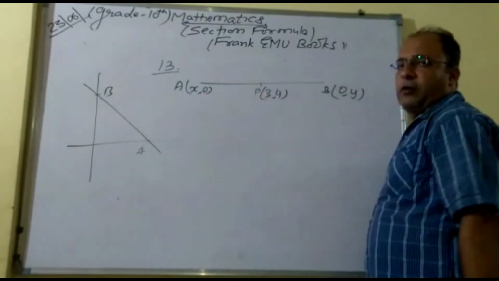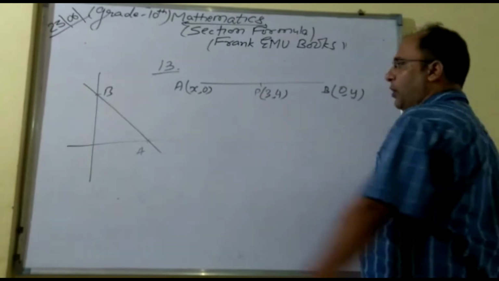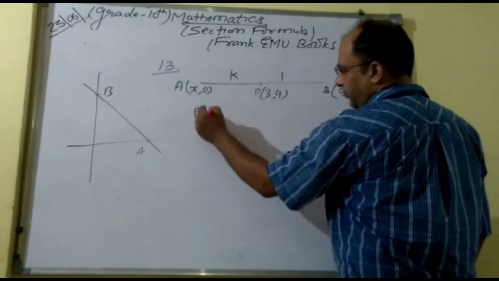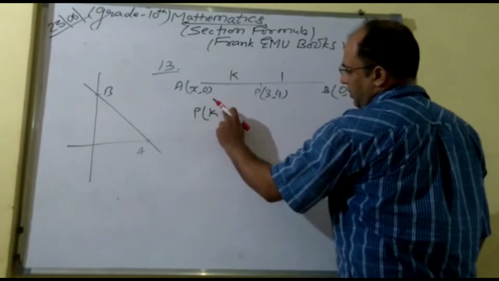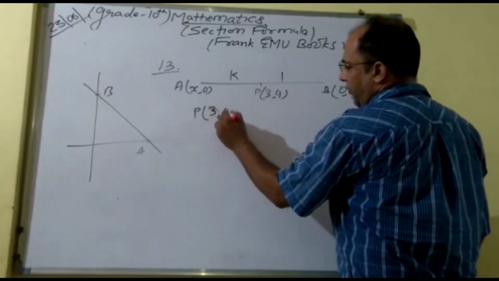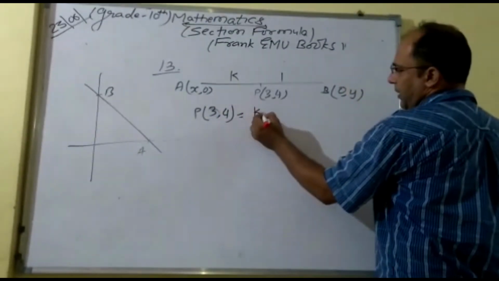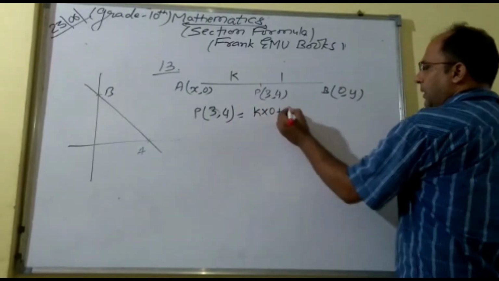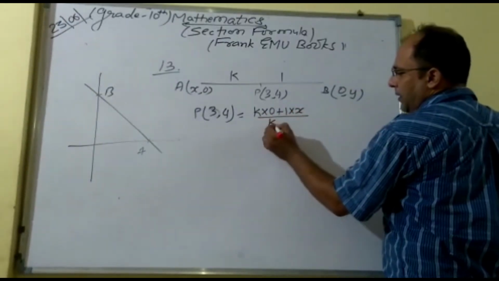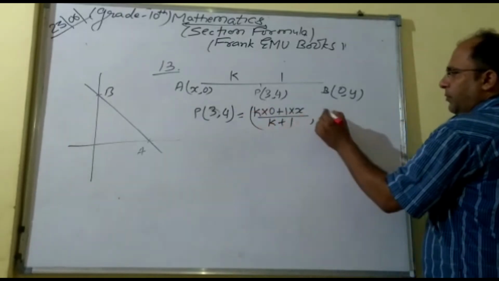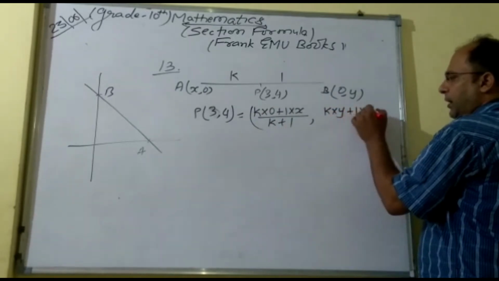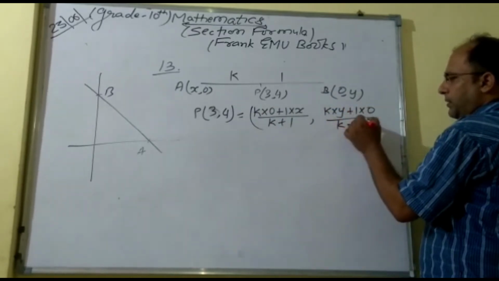Why I made this line? Because then you no need to learn or recap your formula. Again, the ratio is not given. K is to 1. So how to solve? P here is 3, 4. That is K into 0 plus 1 into X upon K plus 1, again K into Y plus 1 into 0 upon K plus 1.